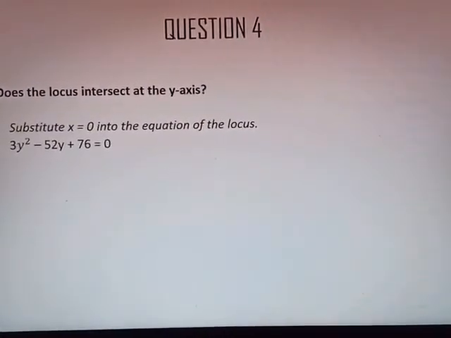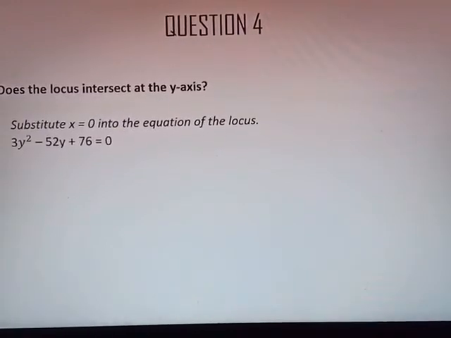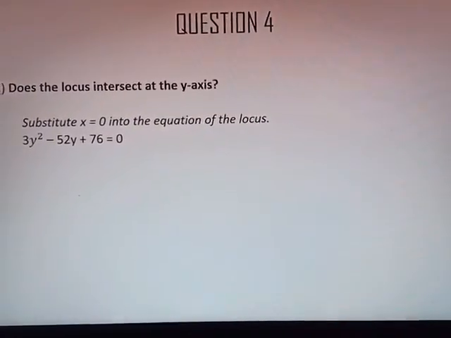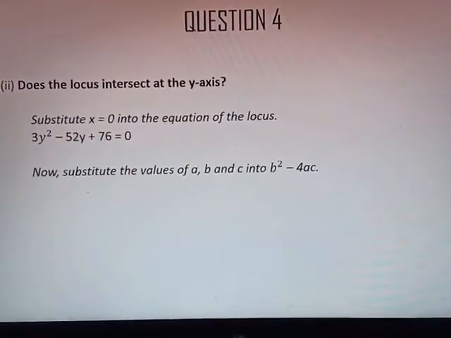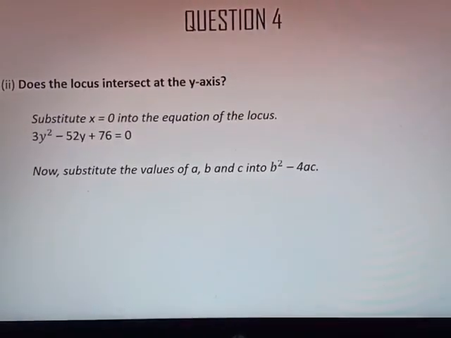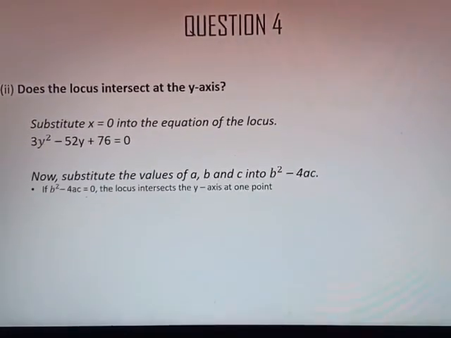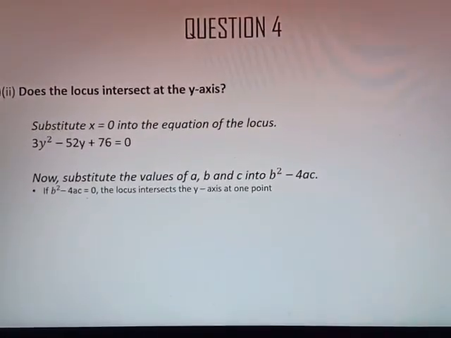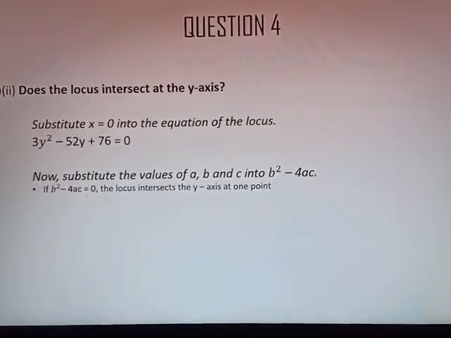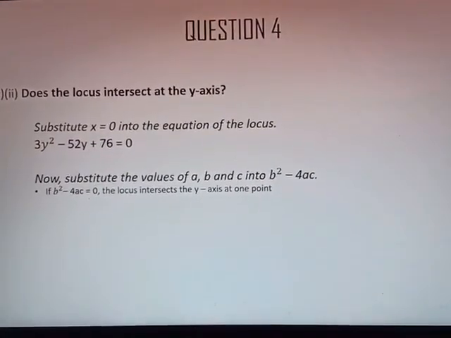Thus, it becomes 3y squared minus 52y plus 76 equals 0. Now, substitute the values of a, b, and c into b squared minus 4ac. If b squared minus 4ac equals 0, the locus intersects the y-axis at only one point.